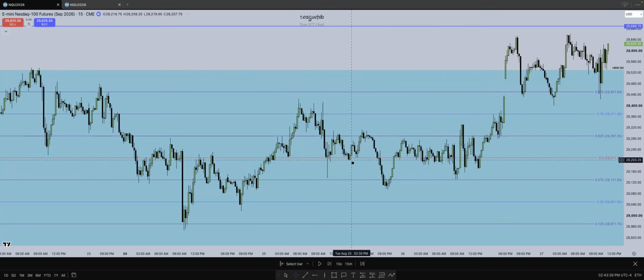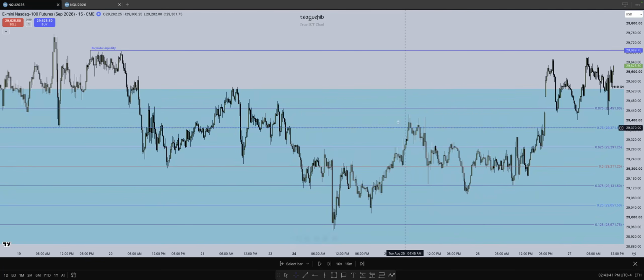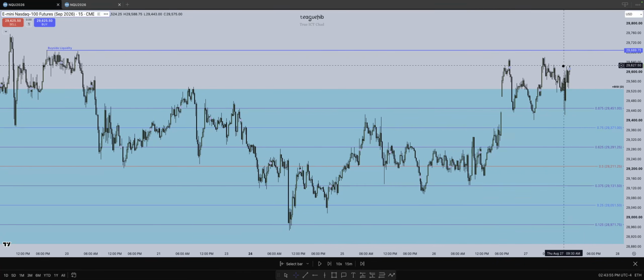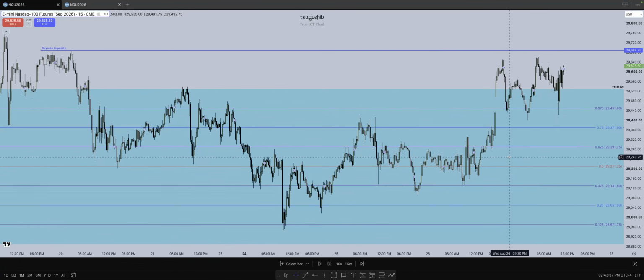But heading back to the 15-minute chart. Pairing the understanding that this is original consolidation, we have clean relative equal highs up here. We have the daily suspension block above, which is acting as our quote unquote draw for the day. And the fact that we are inside of this larger time frame market maker buy model, we can reasonably anticipate that we're probably not going to work lower today and that we're probably going to work higher.